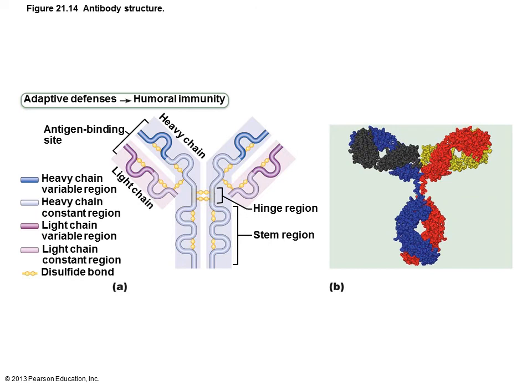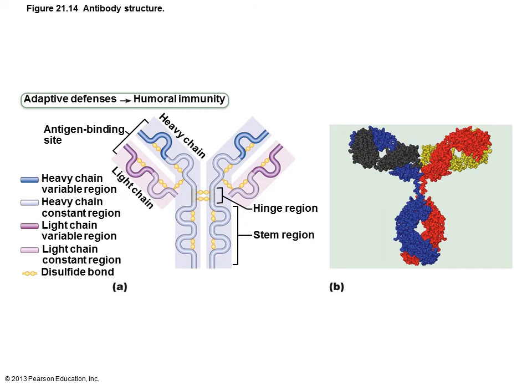IgM is the biggest one, a pentamer, and is the first antibody released; it fixes complement. IgA normally exists in mucus as a monomer or dimer, and prevents the entry of pathogens. IgD is attached to the B cell surface as a receptor.